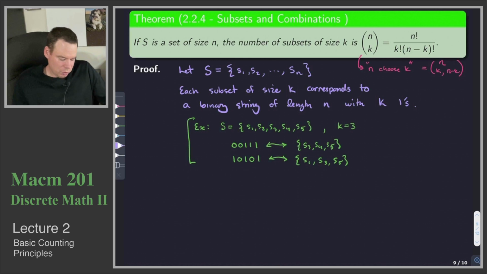Now I've illustrated that through an example. Examples are never enough in a general proof, so I want to specify how we could do this in general. I've said each subset of size k corresponds to a binary string of length n with k ones, and what that means is we construct the binary string as follows.